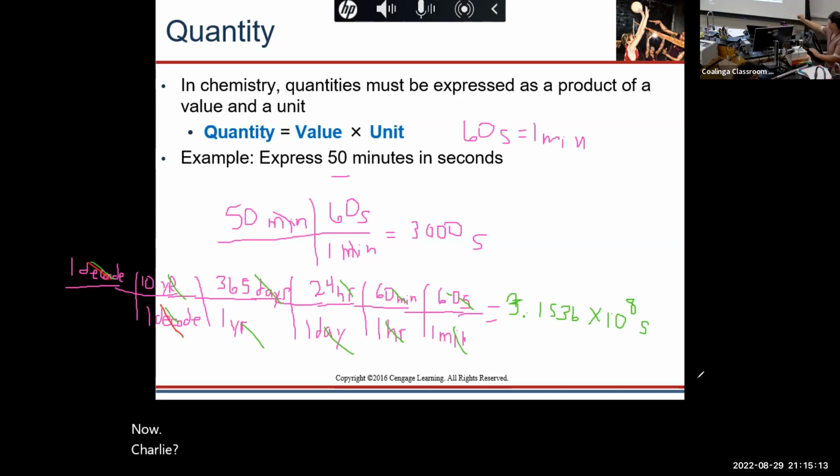And that's an estimate, right? 3.15. Now it's in scientific notation.